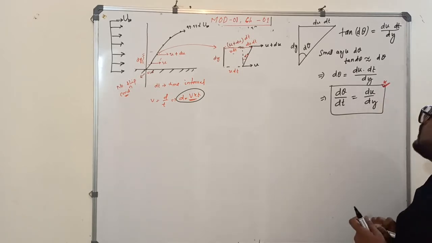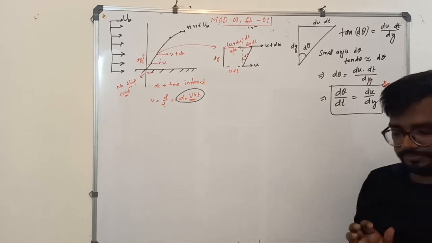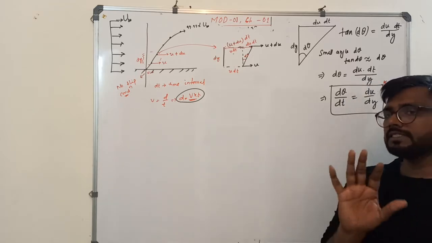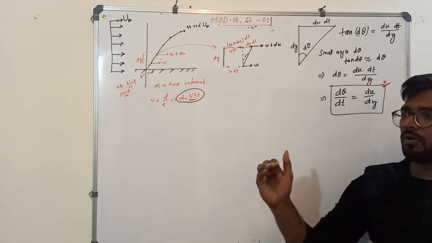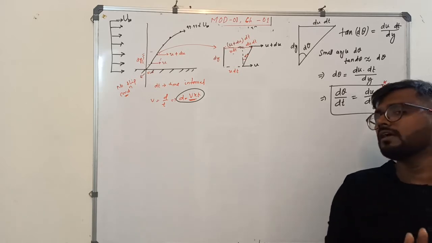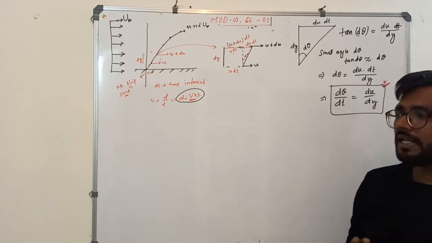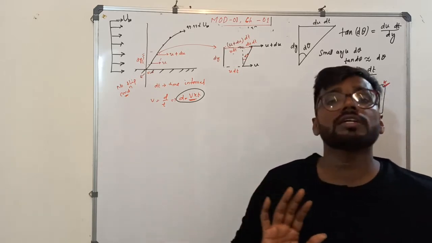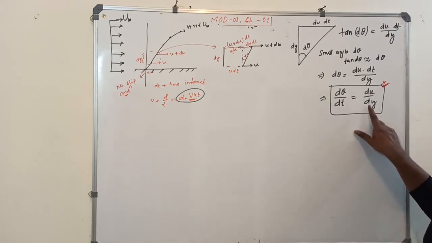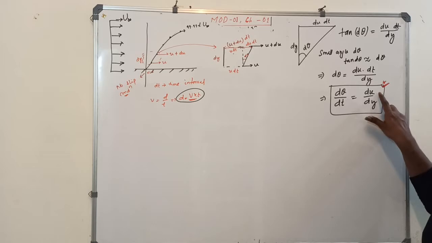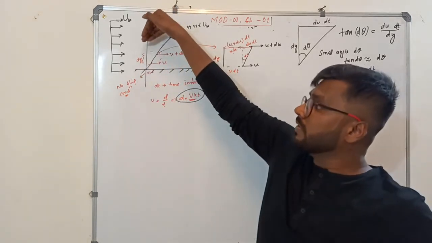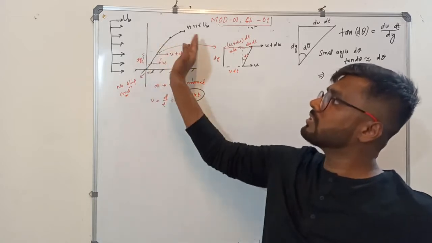Sir, tell us what d theta by dt is. See, remember, anything divided by time is a rate. If a quantity varies with respect to time, we call it a rate. Similarly, if it varies with respect to length, we call it a gradient. So here you can see dy is at the bottom, that is the gradient of velocity. Sir, what is the velocity gradient? As I told you, as you move down or up, the velocity changes.